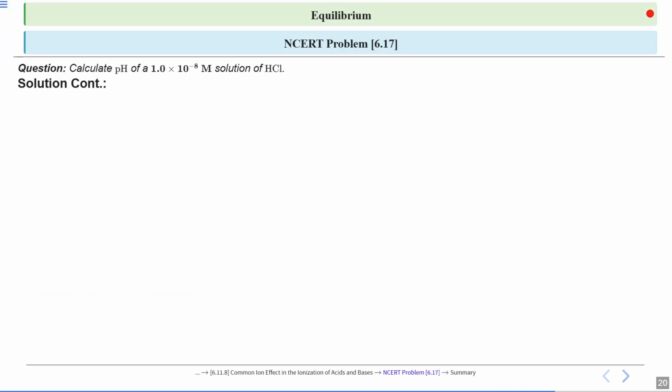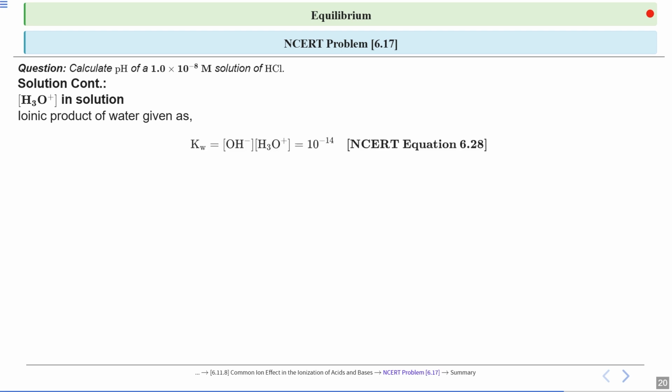Moving on further, what can we say about the H3O plus concentration in solution? That the ionic product of water is always kept at 10 to the power minus 14. Now, if X is your OH minus concentration, because the concentration of OH minus and H plus coming from water will be the same, we will consider X for OH minus.